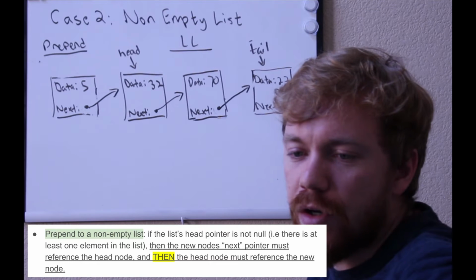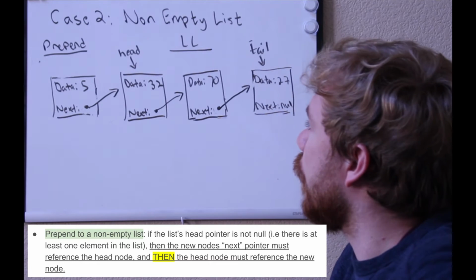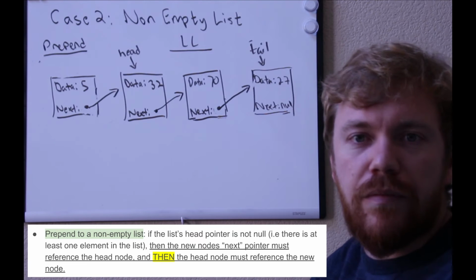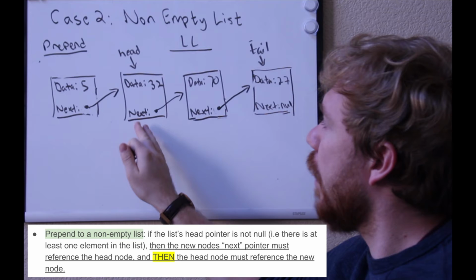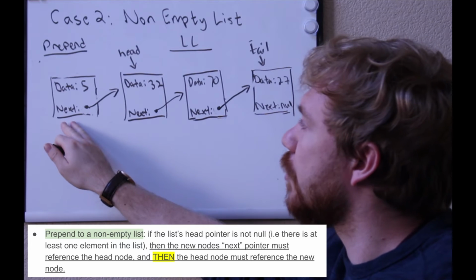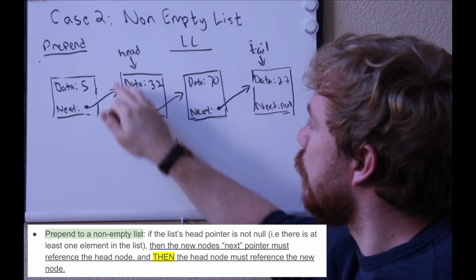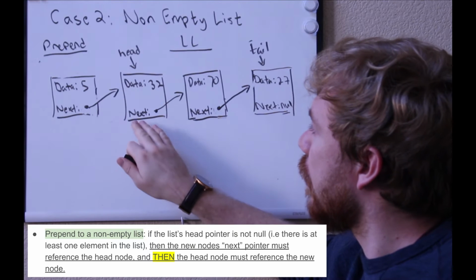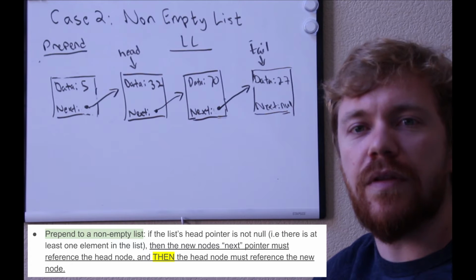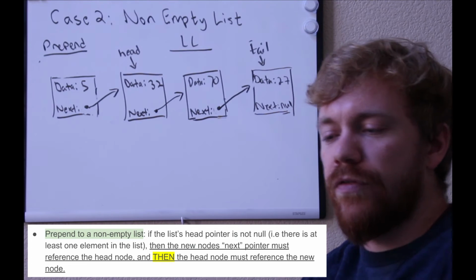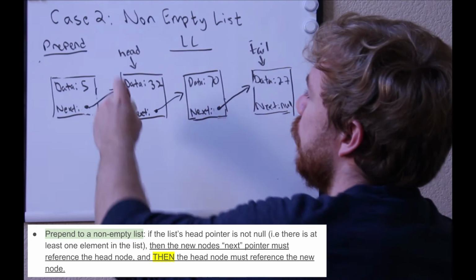Then the head node must reference the new node. So for a similar reason as to why the tail node needed to change references, the head node needs to change the reference, because this node is no longer at the beginning of the linked list, and the head must be at the beginning of the linked list. So in order to fix this, we change the head's reference.